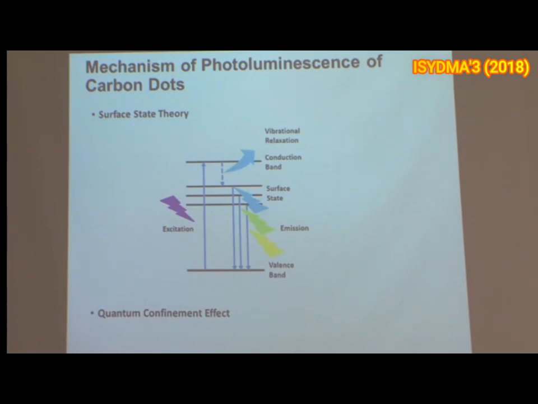But for the carbon dots, you have what we call surface states. That means you have different atoms at the boundary between the surface of the carbon dots and vacuum, and there is some state there that you can emit from. That's the reason when you excite at a different wavelength, you may have different emissions, as we mentioned here. So that's what we call the quantum confinement for the carbon dots.